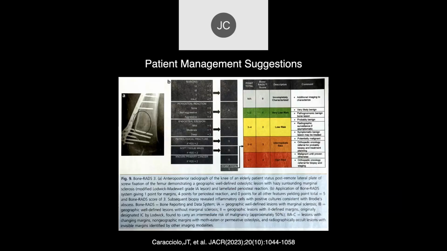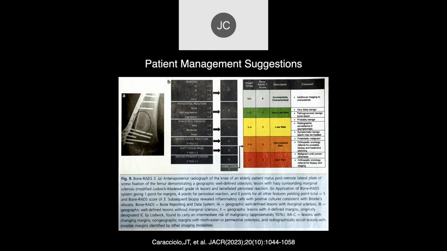Now, this is someone who had prior, as you can see, internal fixation. We can see that there's a lesion right in through here. Margins are kind of sclerotic. You don't see it very well here, but there's a periosteal reaction over here that's a little bit laminated deep to the bar here.